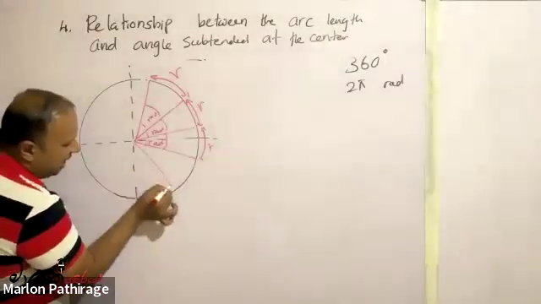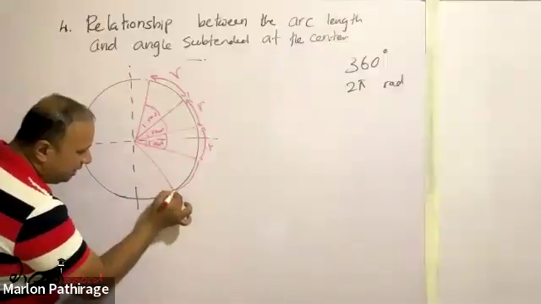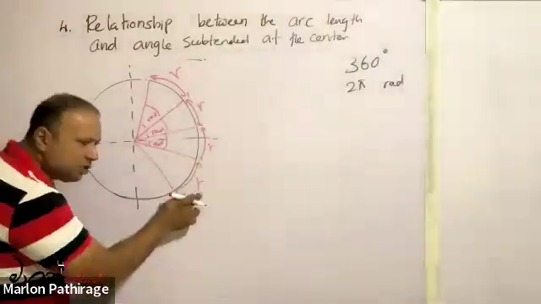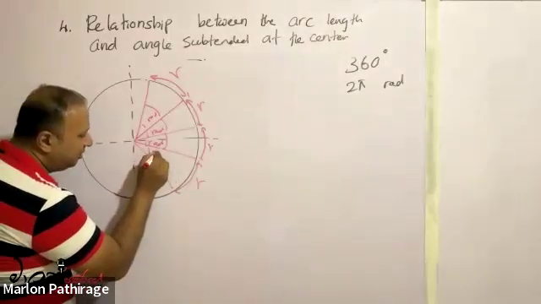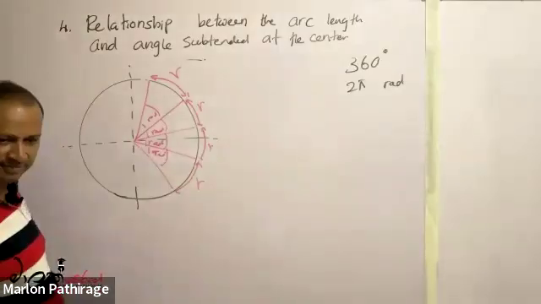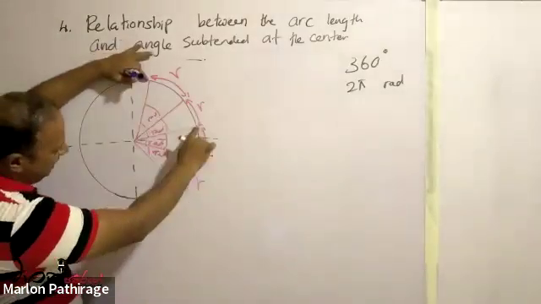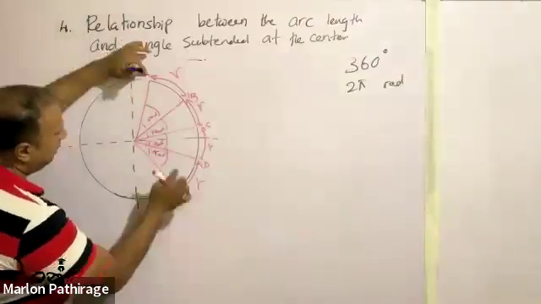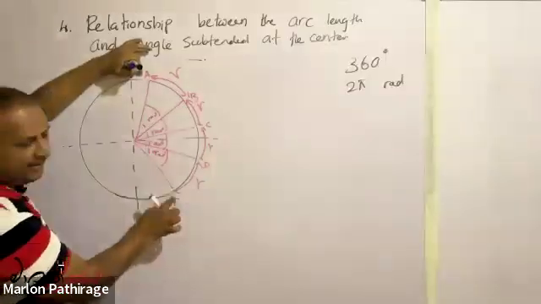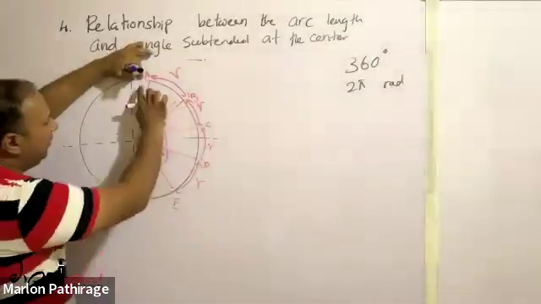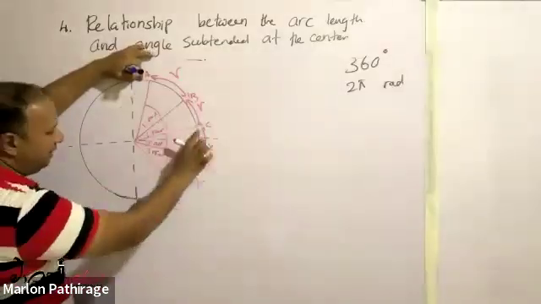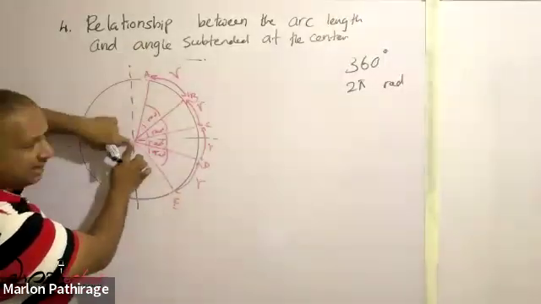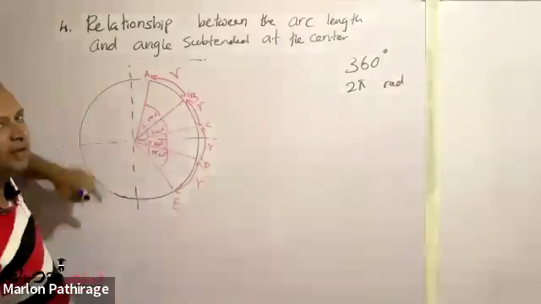Another arc length equal to the radius also creates 1 radian at the center. Suppose the points are A, B, C, D, E. Considering arc AE, the arc length is 4r. The subtended angle at the center is 1, 2, 3, 4 radians.